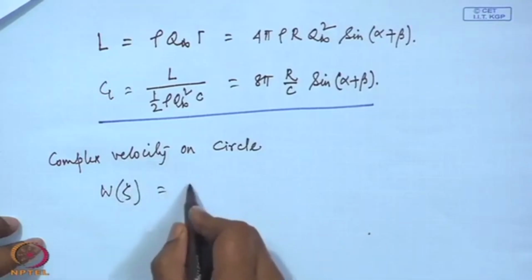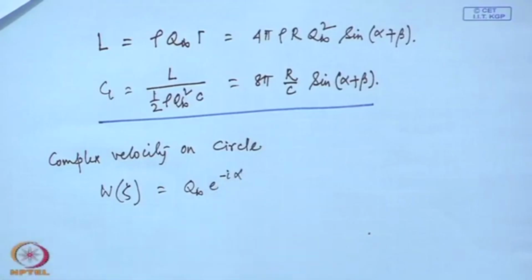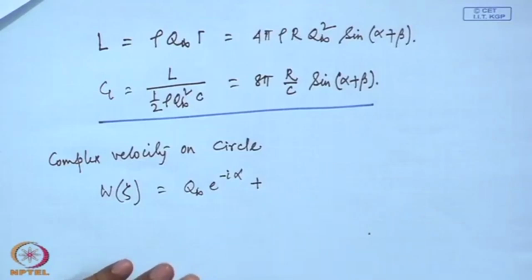W zeta equal to q infinity e to the power minus i alpha plus i gamma by 2 pi, where gamma is 4 pi r q infinity sin alpha plus beta. So, by 2 pi, this becomes simply 2 r q infinity sin alpha plus beta.